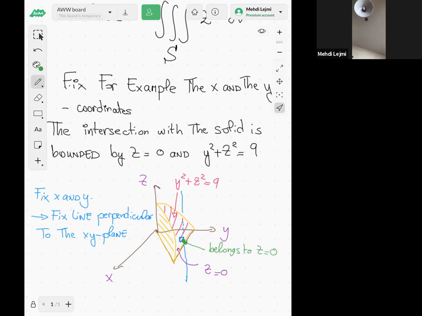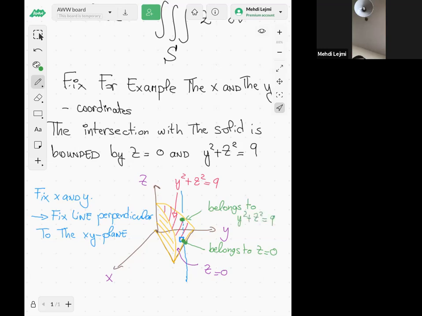Now, in the top, you have to imagine you have this perpendicular line going through, intersecting your solid, right? So in the top, your line is going to intersect the solid at this point, let's say. But this point will belong to your cylinder, right? This point belongs to the cylinder, that's y squared plus z squared equals 9, right?